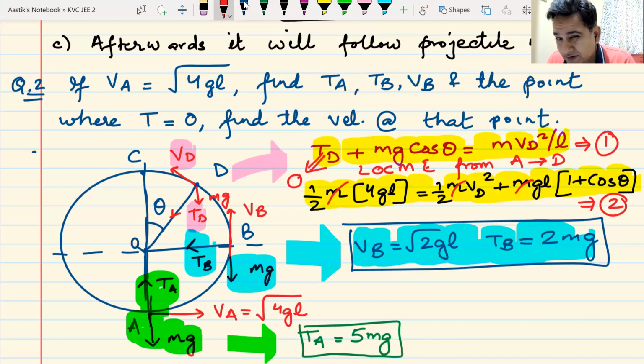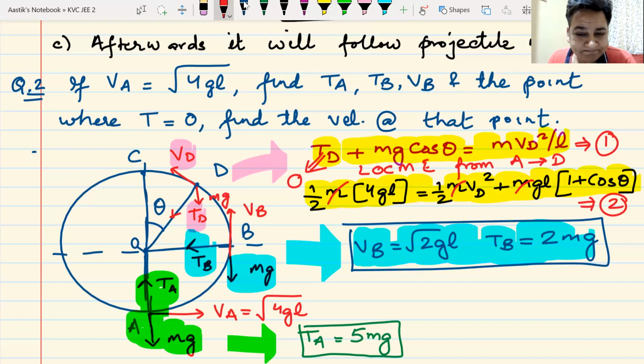You will be pleasantly surprised by the value of cos theta. Get me the value of cos theta and VD.